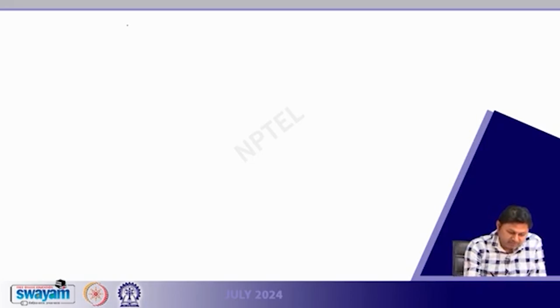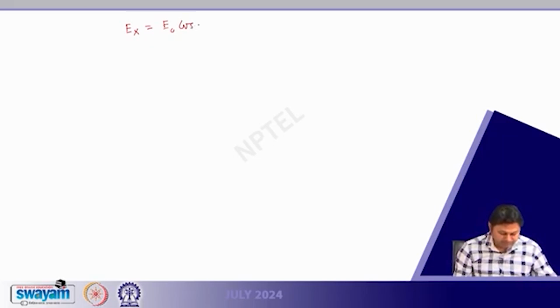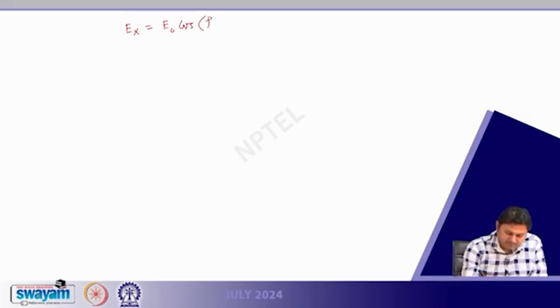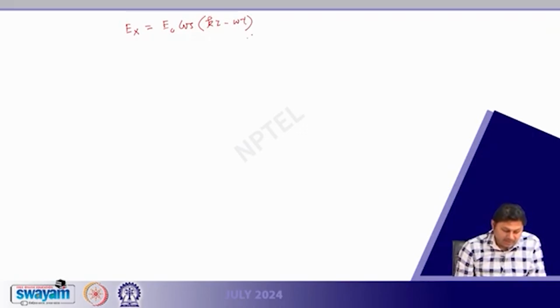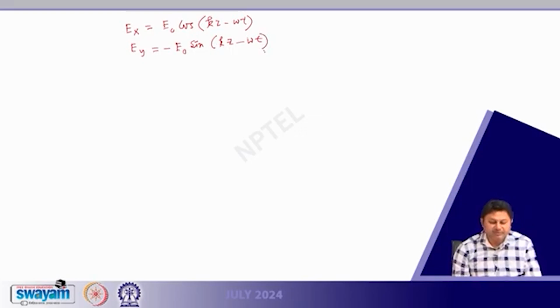So, Ex is equal to E naught cos of kz minus omega t, and if we have Ey, minus of E naught sine of kz minus omega t, this minus sign will come depending on what phi value we are getting.